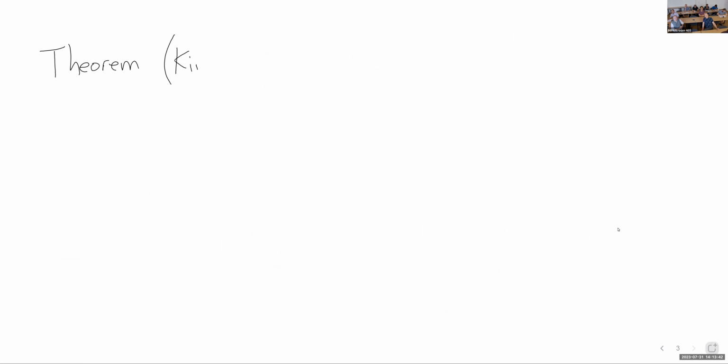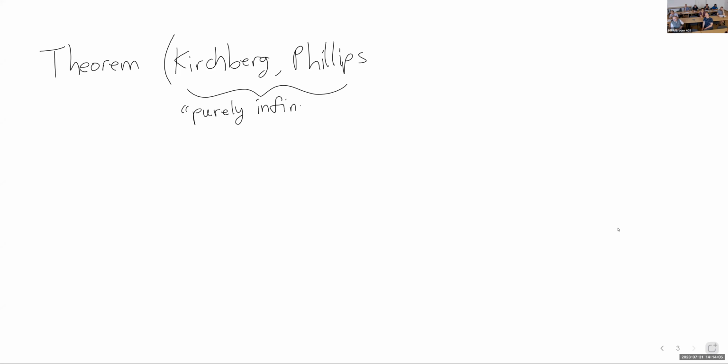So indeed, in the case when the trace space is empty, this is what's called the Kirchberg-Phillips theorem. And in this case, the invariant just reduces to K0 and K1 and the class of the unit in K0. So it becomes much simpler in this case. So this is TL infinite, and I'll explain in detail what this means eventually.